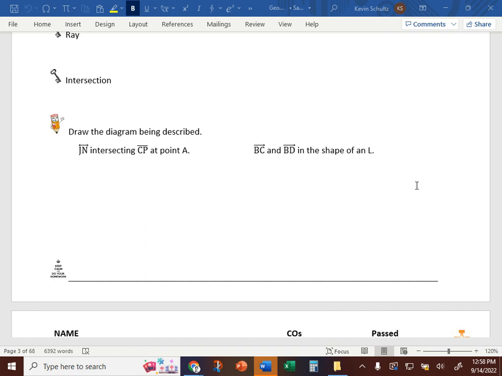Oh, let's see here. Just to ease you into this, on page 5, you are to do 3 through 6, and then 8 through 11.